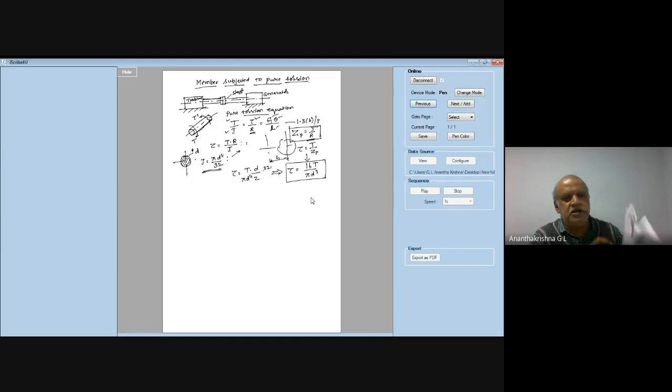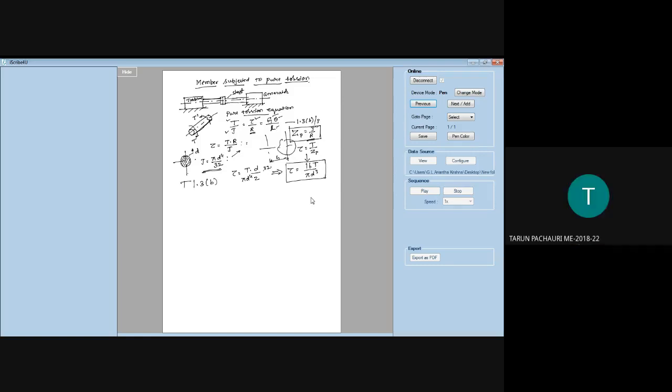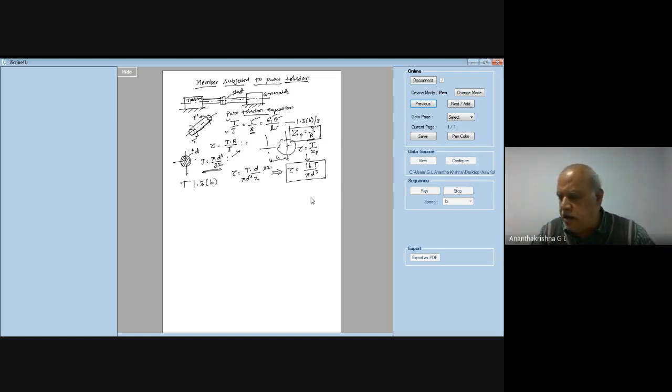There you will get polar moment of inertia. That is table 1.3b. What is the page number here? 14. This will give you the properties.